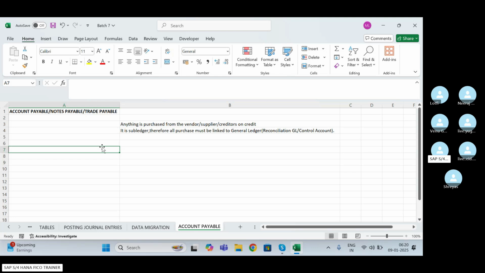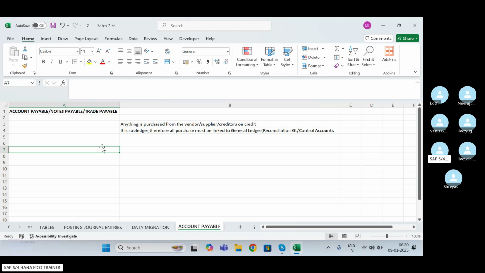So reconciliation GL is like the summarized value of multiple vendors. If I have multiple vendors, I have to link the reconciliation GL. I can link a single reconciliation GL to multiple vendors, or for all the domestic vendors I can create one domestic reconciliation GL, and for all the foreign vendors I can create one foreign reconciliation GL.